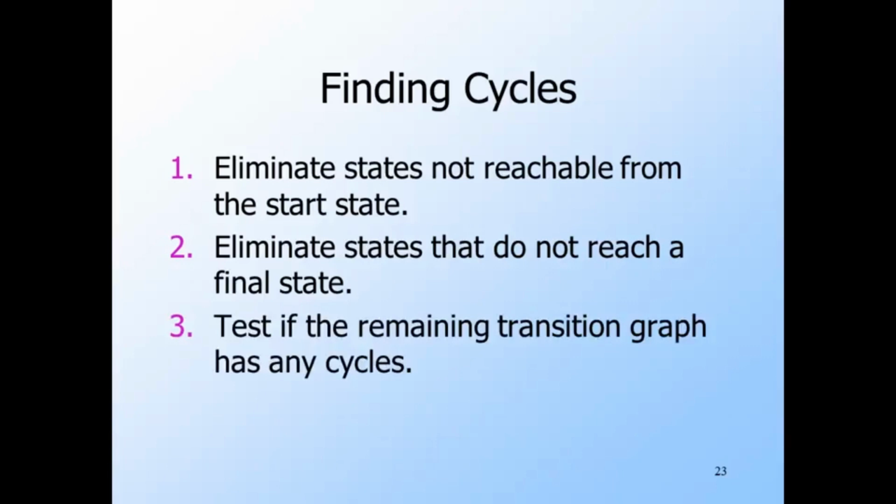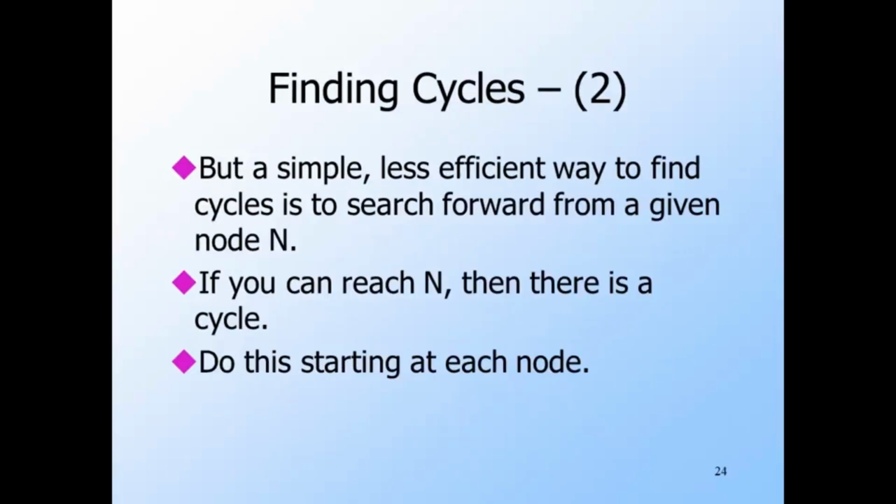Now there's an elegant algorithm for finding cycles using depth-first search that takes time proportional to the number of edges or transitions. I'm going to trust that you will meet this algorithm in a course on algorithms and data structures if you haven't already done so. However, here is a simple way to test for a cycle in a graph. It takes time proportional to the number of nodes or states times the number of arcs or transitions.